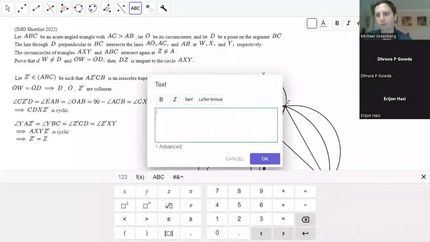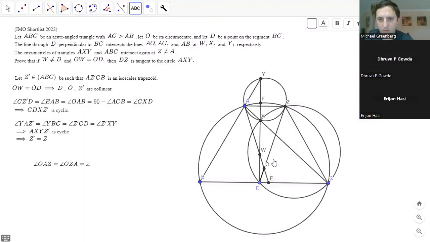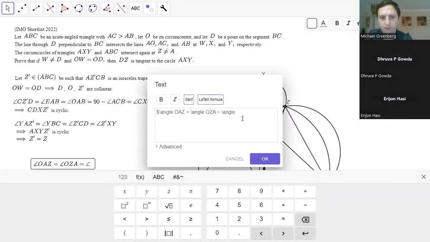There's more than one way to write it. I'll write it like this: angle OZA is angle ZDC, which is ZXC.